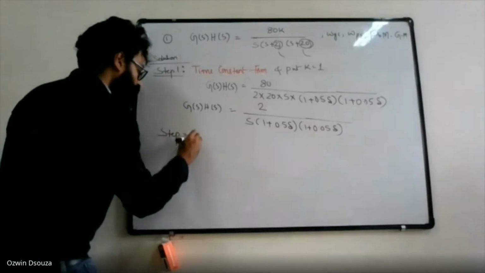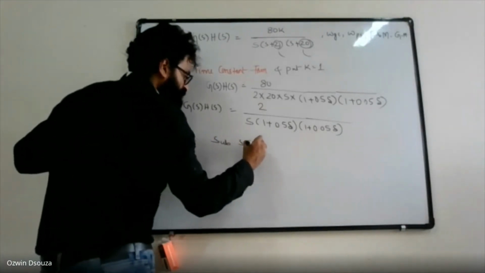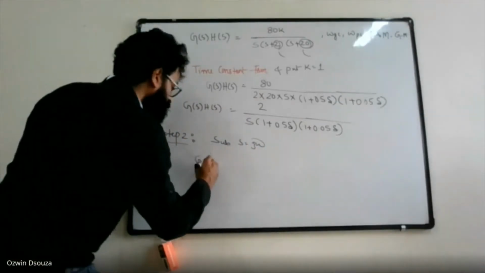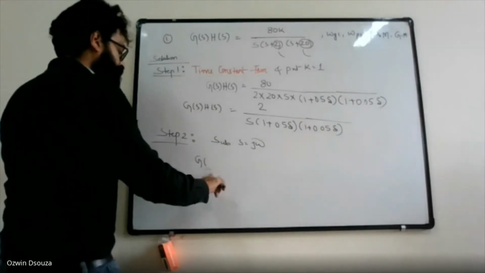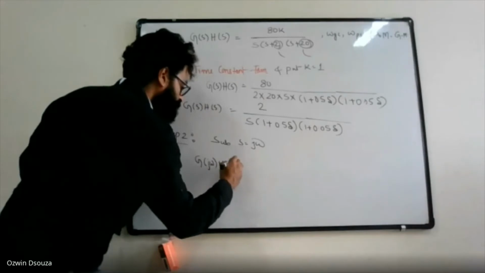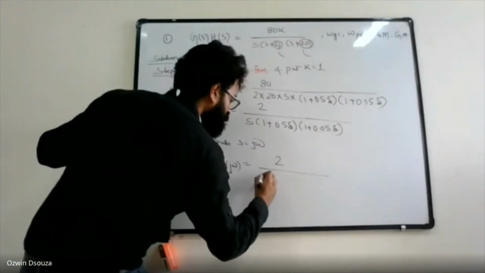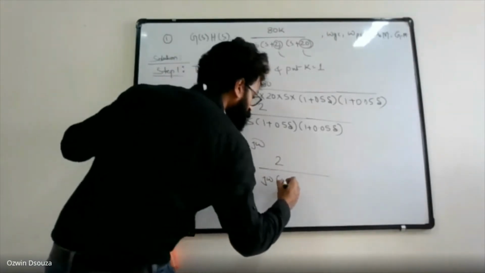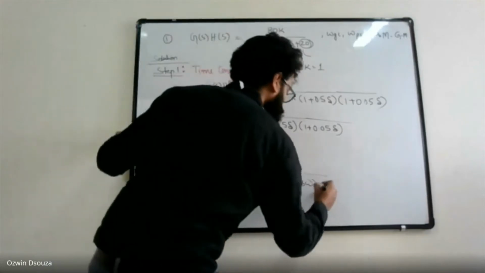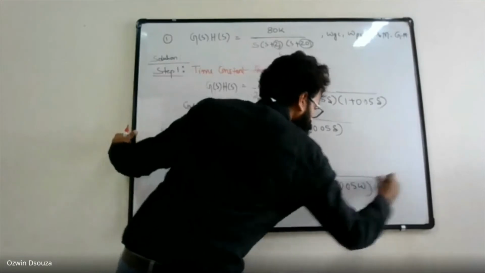Then step 2, you can substitute s is equal to j omega. So when you substitute s is equal to j omega, you will get your open loop transfer function in frequency domain, right? Because omega is frequency. So 2 divided by j omega into 1 plus j 0.5 omega into 1 plus j 0.05 omega.